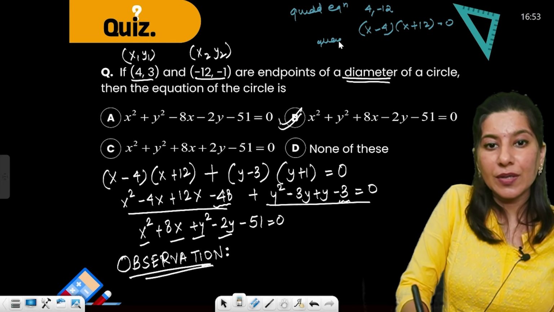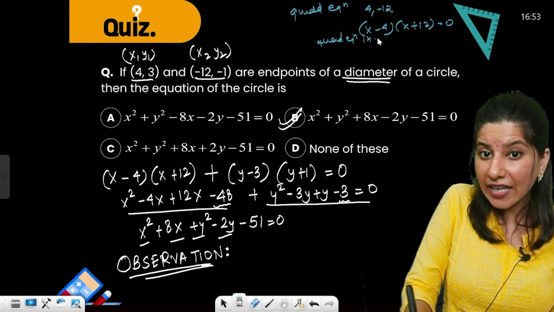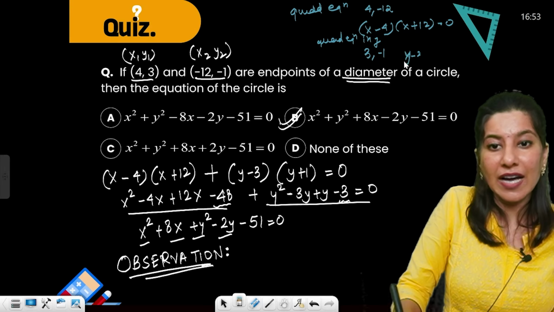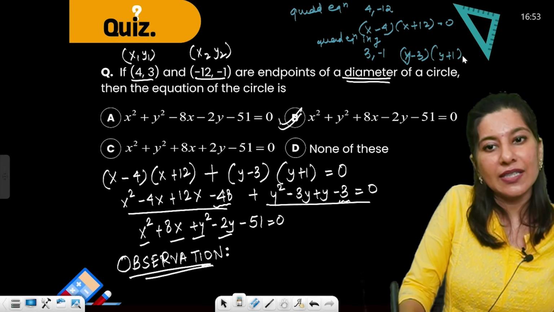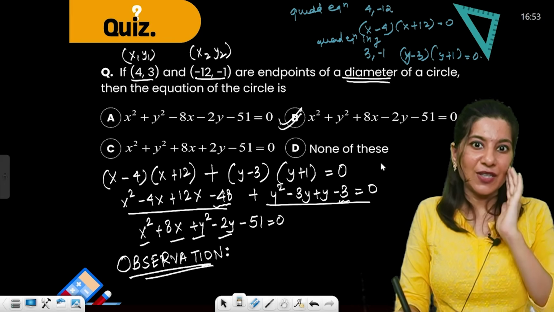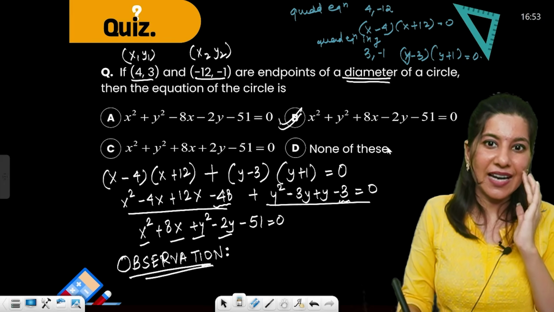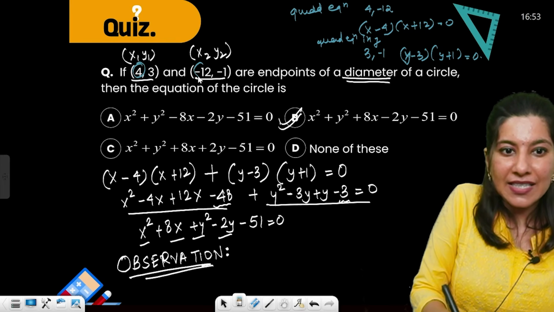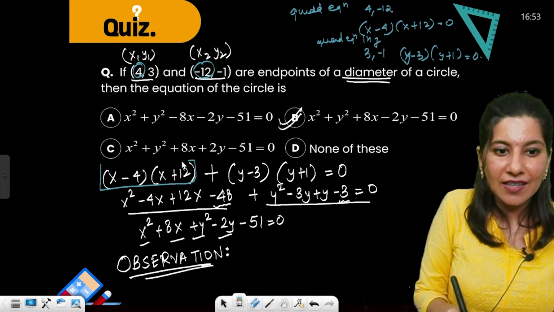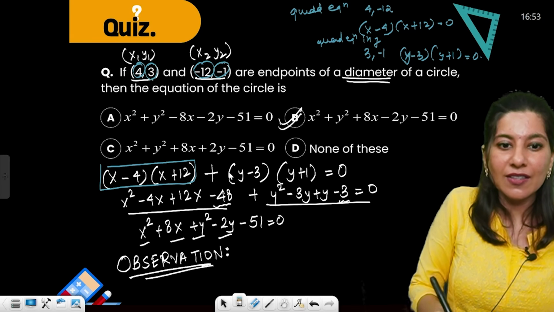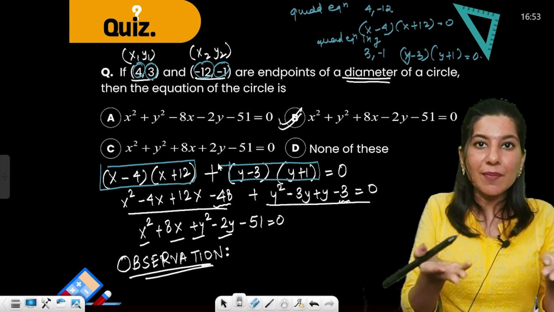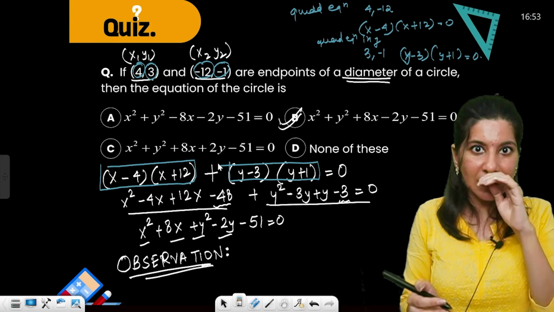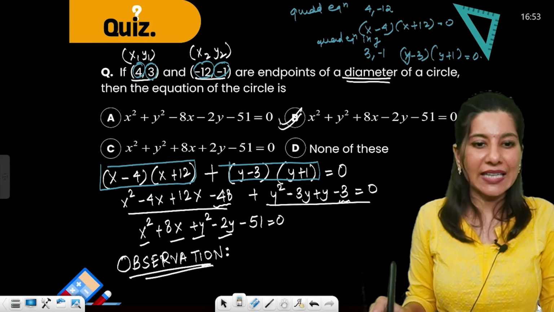And a quadratic equation in y whose roots are 3 and minus 1: (y minus 3)(y plus 1) equals 0. Did you notice that this is the exact thing we have done? 4 and minus 12 are the roots of this, 3 and minus 1 are the roots of this. So this is actually the summation of two quadratic equations, one with x and the other with y.